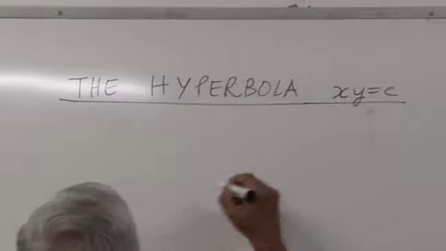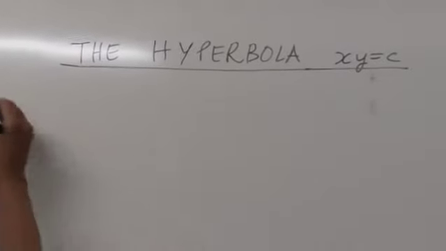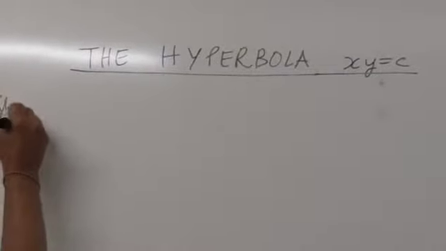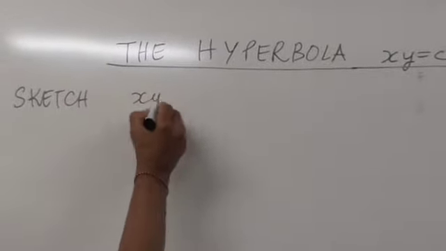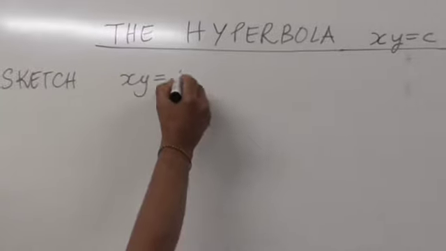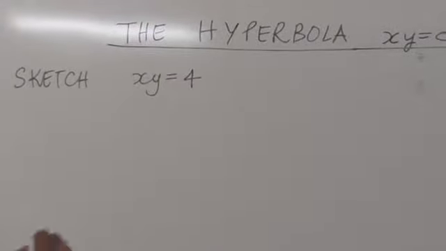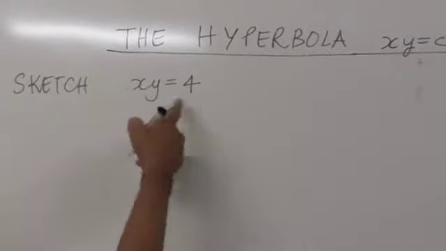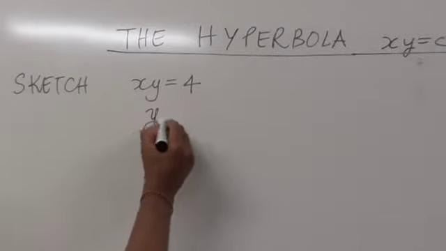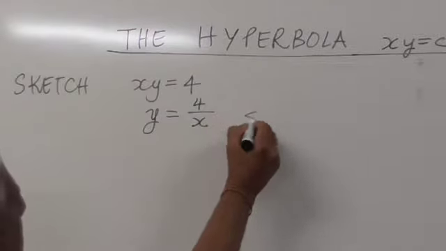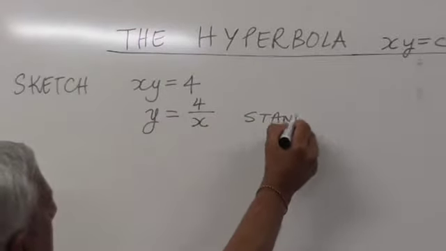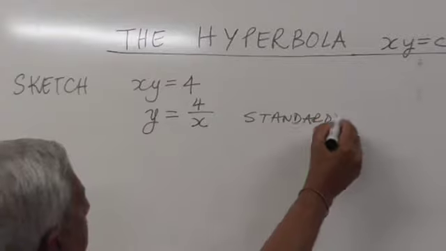That's the general form. So let's take an example. Suppose we said sketch xy is equal to 4. Then you have to take this and make it into standard form. So y is equal to 4 divided by x. So that's called standard form.